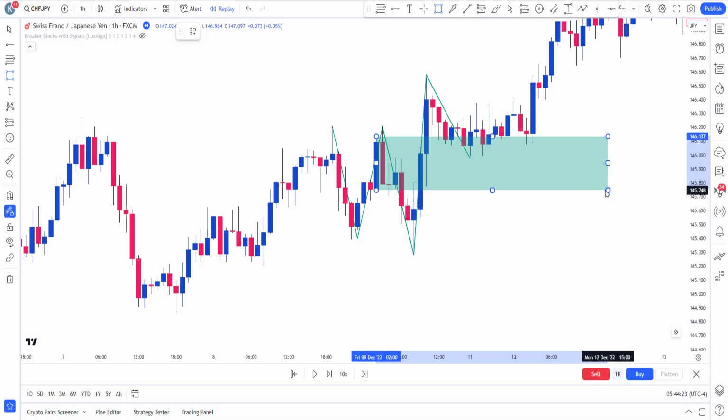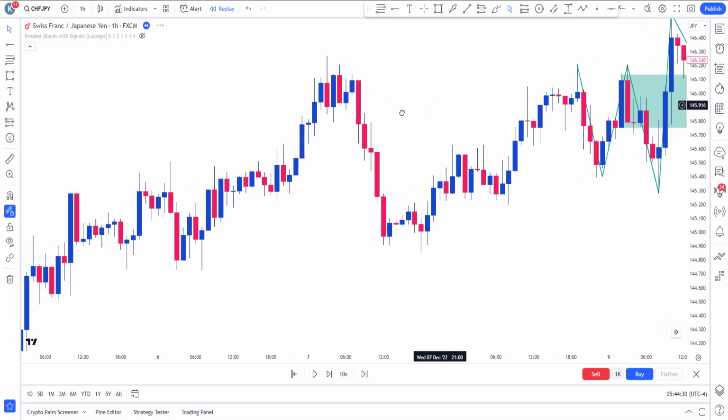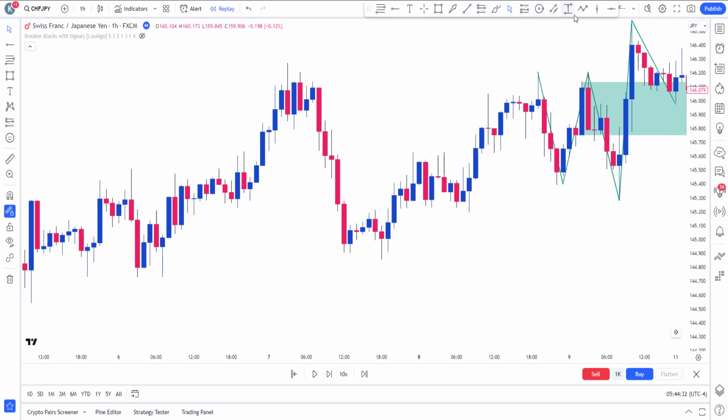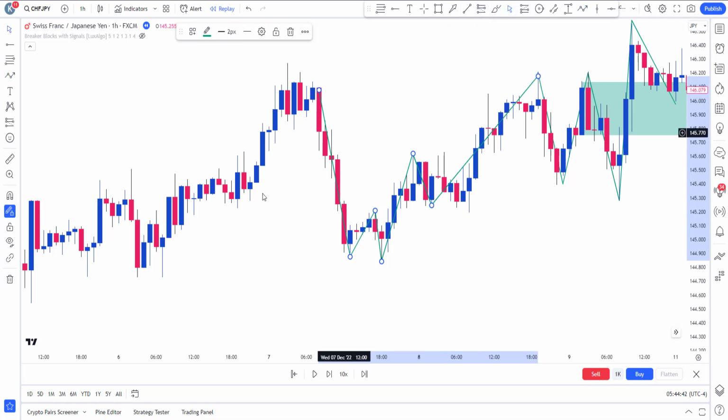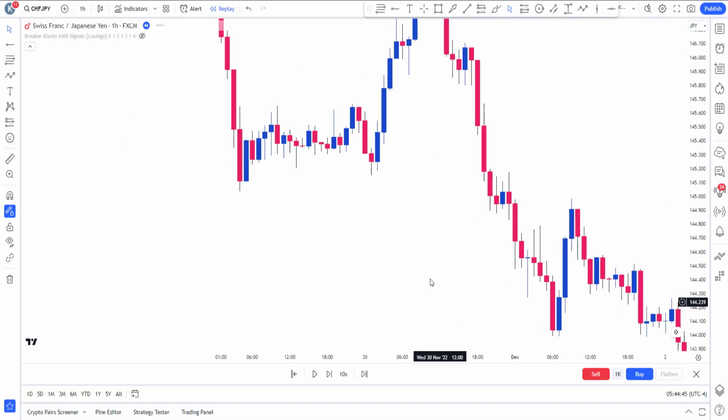That is where our point of interest is. You're going to see them so many times on your chart. Look at this movement to this place, then crashing into it. Price is moving to that level. So these are the kinds of breaker block you want to watch out for.